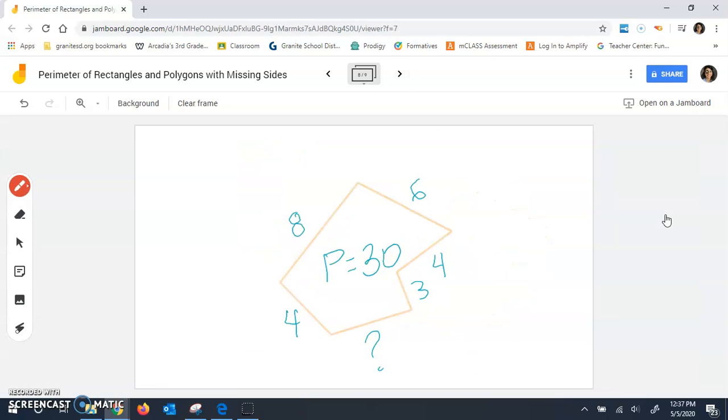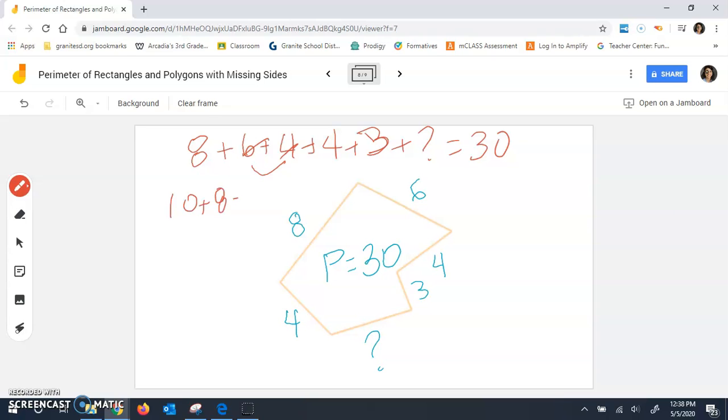Let's look at this one. Same thing. It's saying 8 plus 6 plus 4 plus 4 plus 3 plus something equals 30. So we have to figure out what that something is. Right away I see 6 plus 4 is 10. 10 plus 8 is 18. Now I need to add another 4. 18 plus 4 is 22.